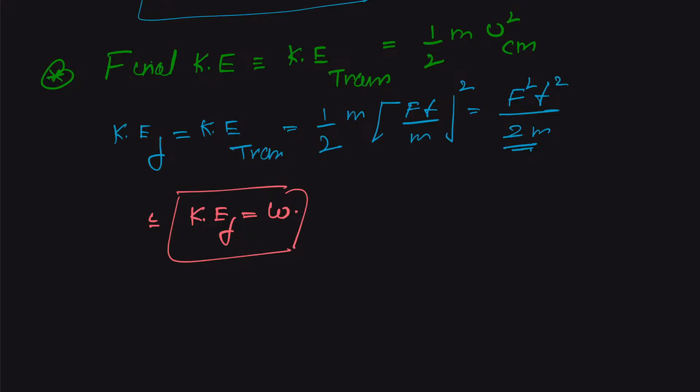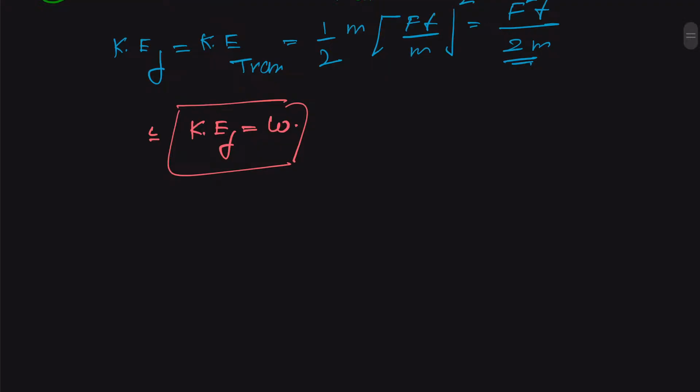Okay, and now we come to our part B, and in part B the same question is there, but now the force is being applied at one of the ends.